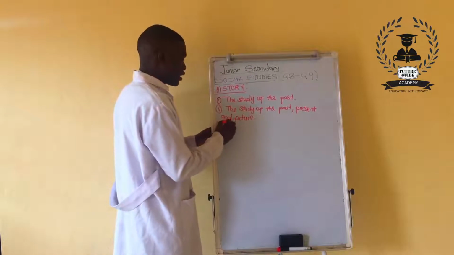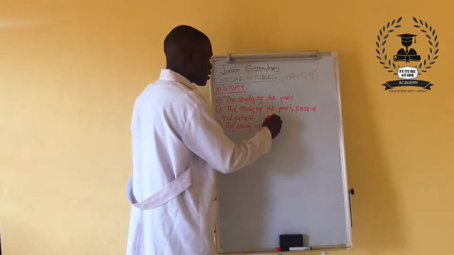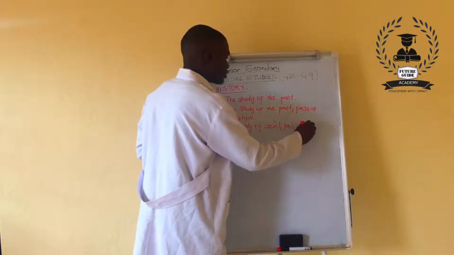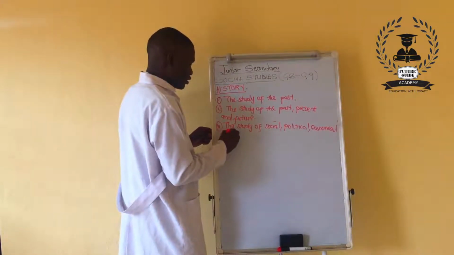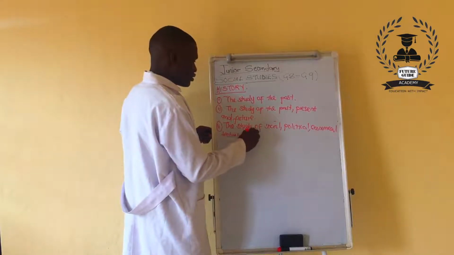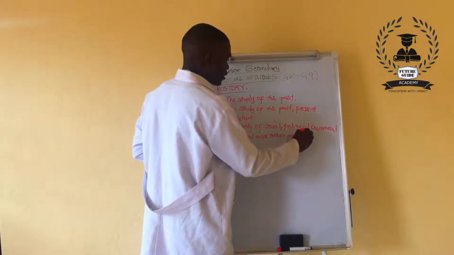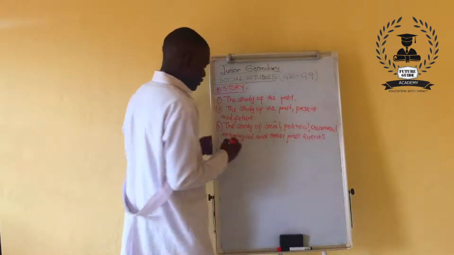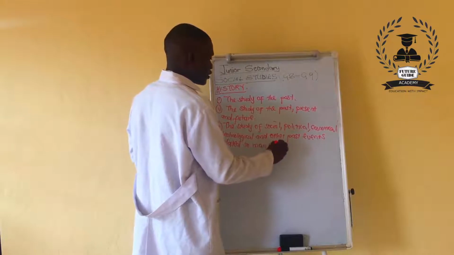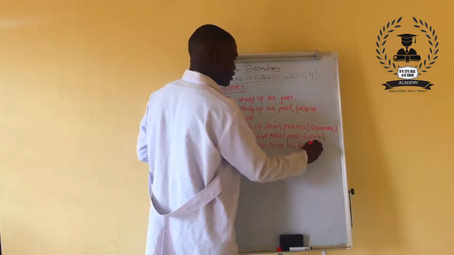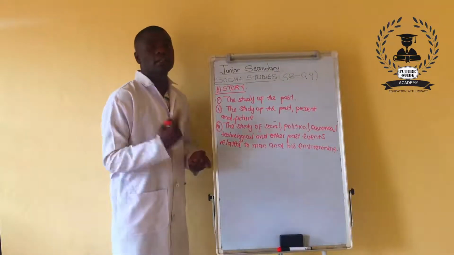The third one, we are saying the study of social, political, economical, technological, and other past events related to man and his environment. So we are saying these are the 3 definitions that we have in history.